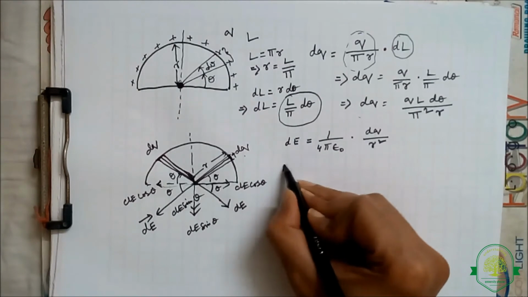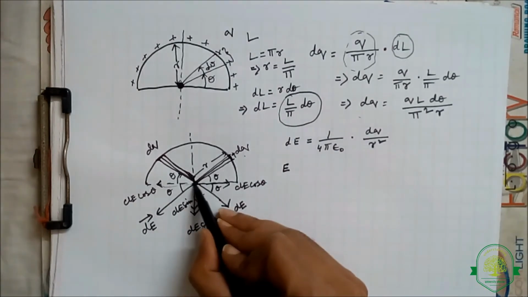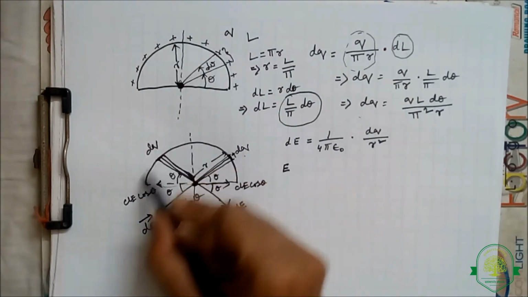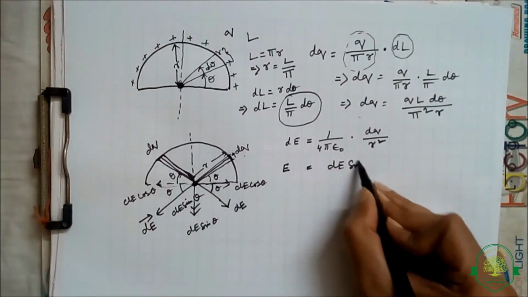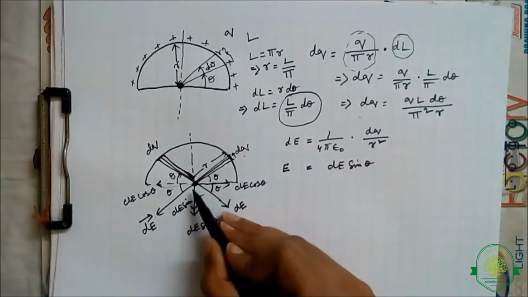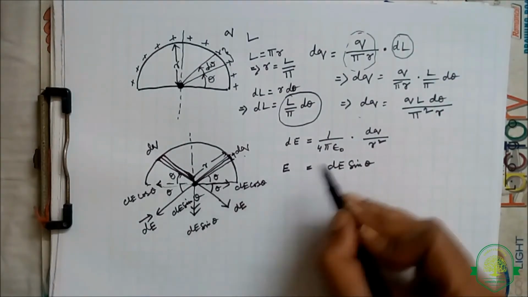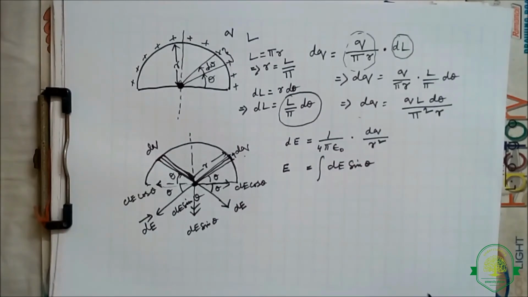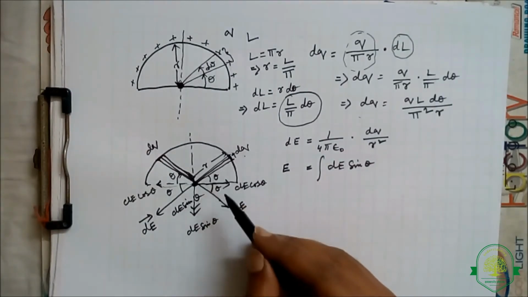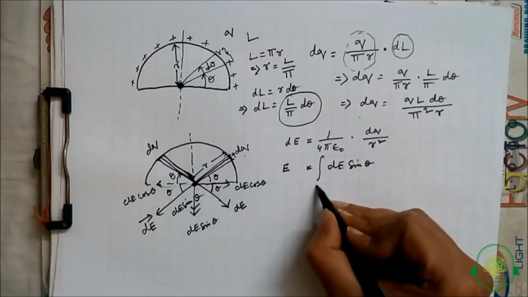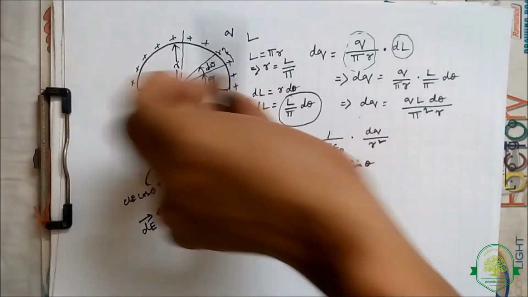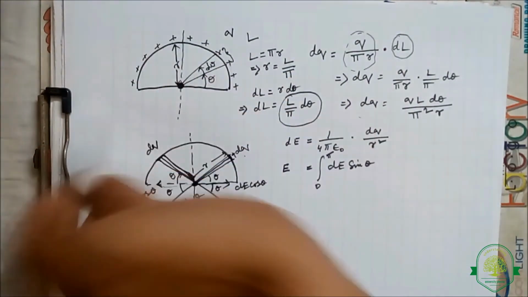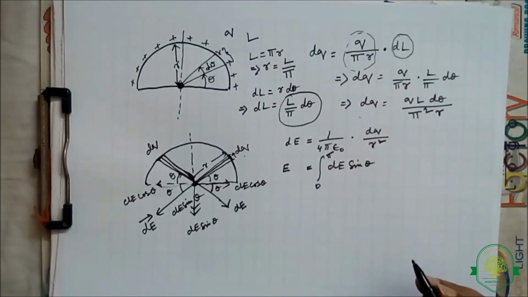So the net electric field at this point, due to the entire semicircular wire, will be the effect of adding up the dE sin thetas only. So we'll say it's integration dE sin theta. And because we are integrating over theta, our theta will go from 0 to pi, because we start out over here and then we rotate 180 degrees to cover the entire semicircular wire.